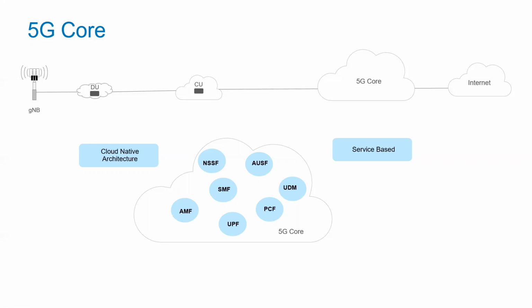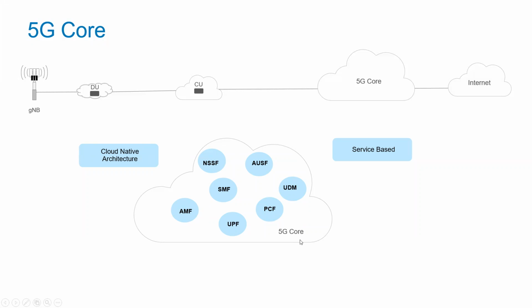Now, the service-based architecture will make sure that the core function is registered to a directory that can be discovered by the other networking elements. So the basic concept of a service-based architecture is that it uses APIs to talk to each other in a 5G core infrastructure.